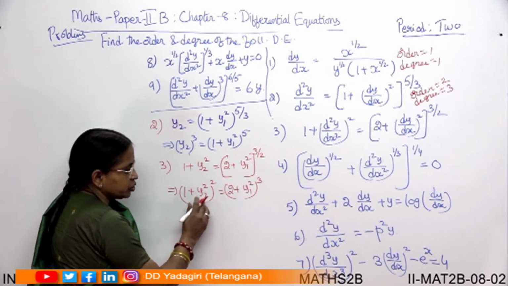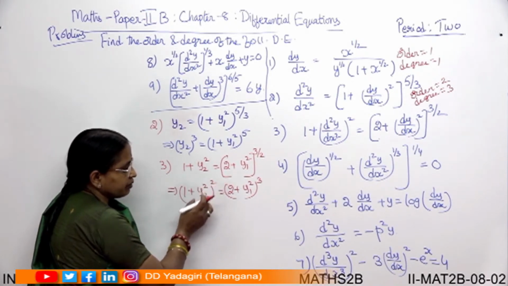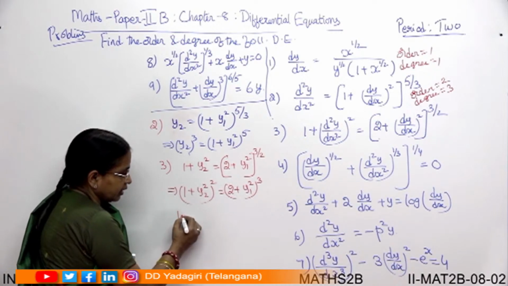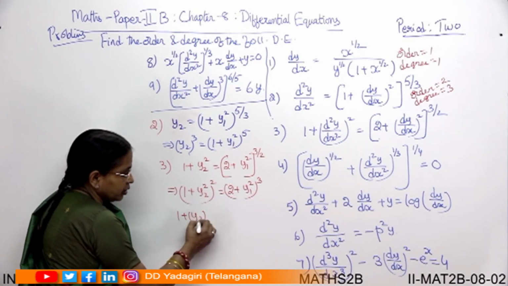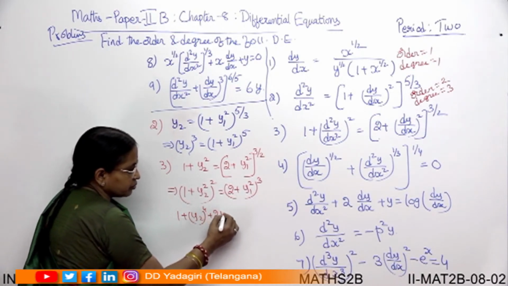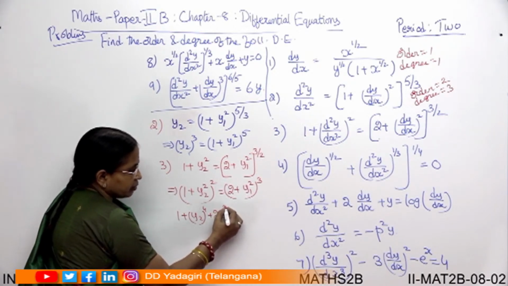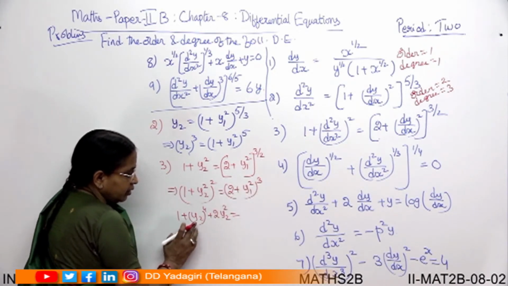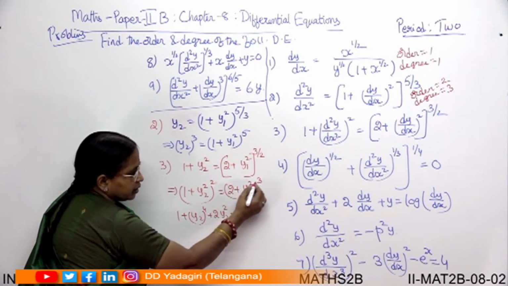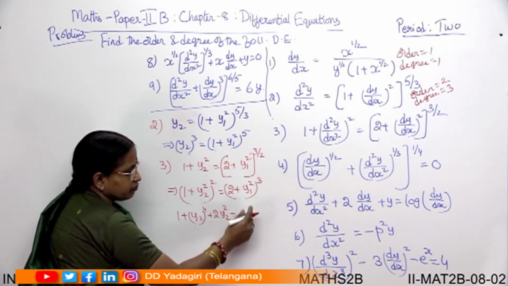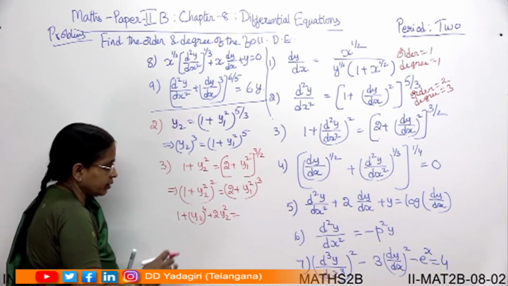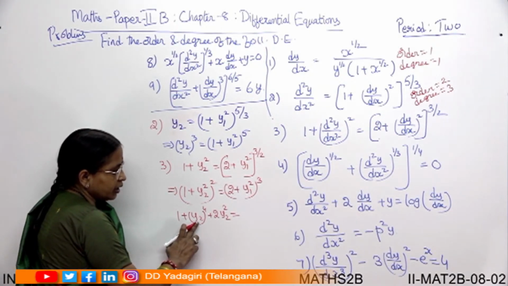y2. So the order is 2. And what is the highest power of it? When you expand this, you will get 1 plus y2 whole to the power 4 plus 2y2 square, and so on. So this is the a plus b whole cube formula. You write all the terms here. So what is the highest order derivative? y2.